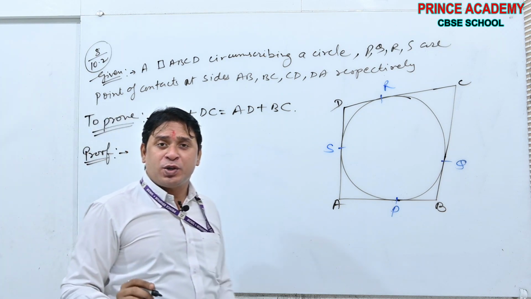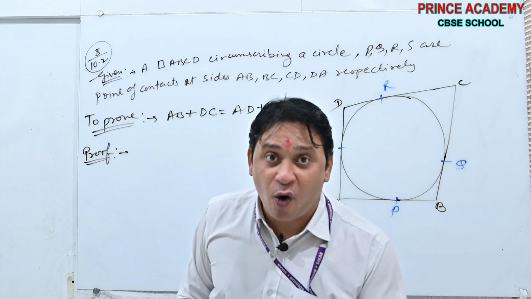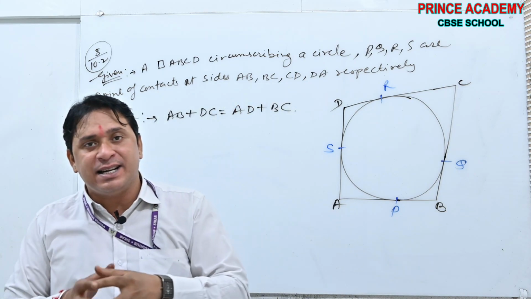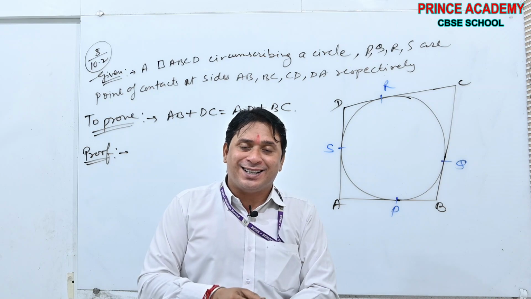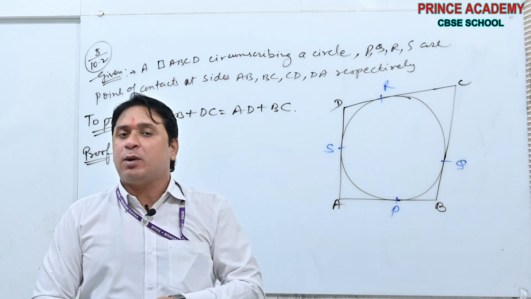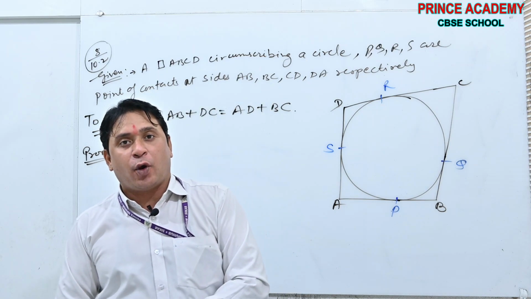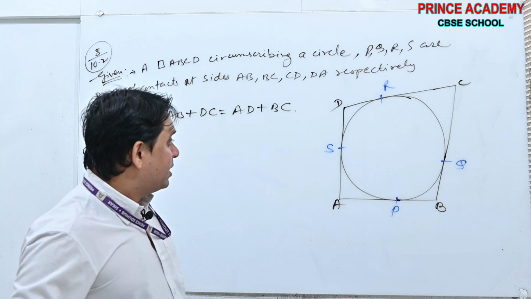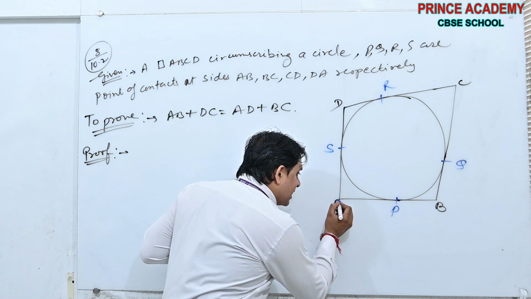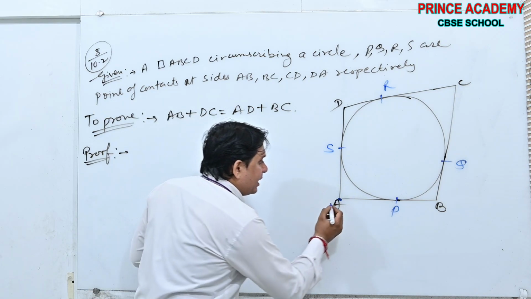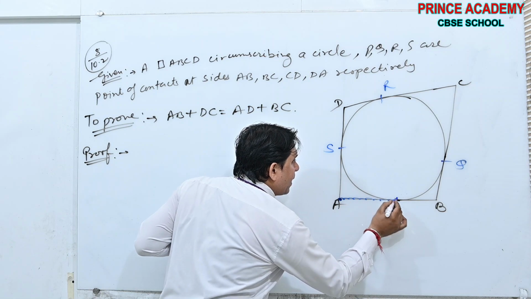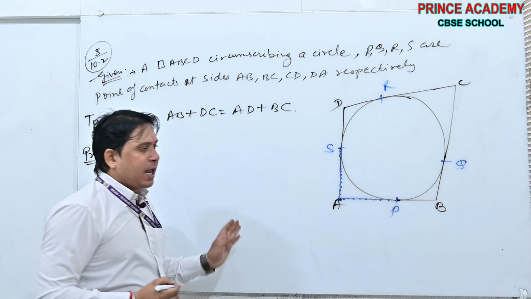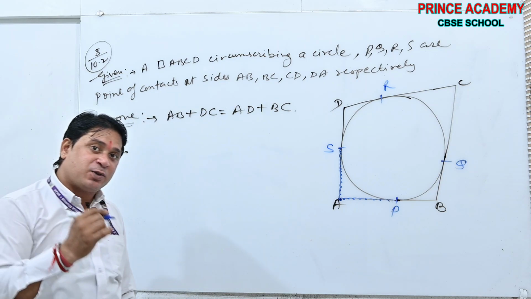So simple is that. We have all done theorem 10.2, that tangents drawn from an external point to a circle are equal. See here, this is the external point A, and AP and AS are tangents, yes or no?